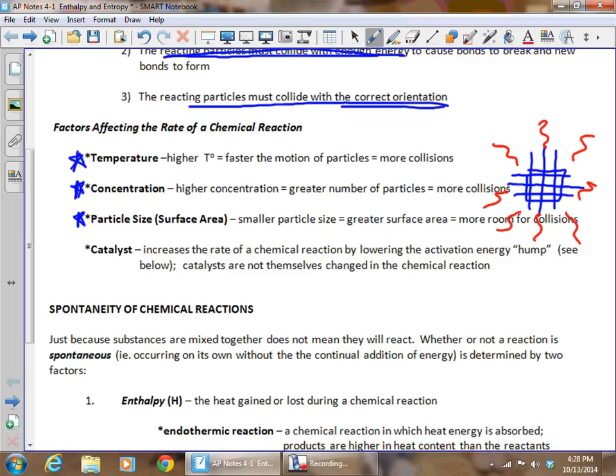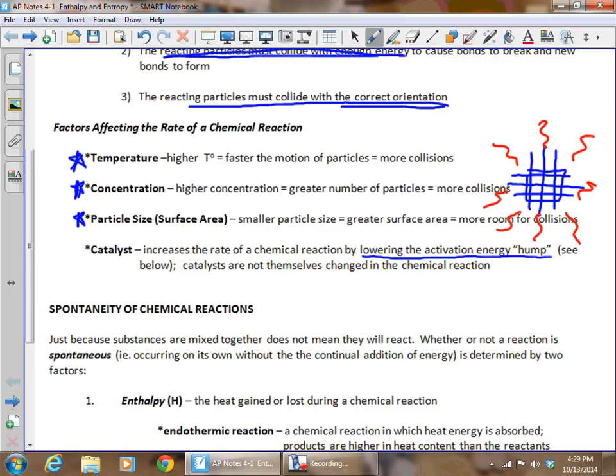Now, a catalyst increases the rate of a chemical reaction, and the way it does this, and we're going to see this in a diagram in a minute, but it lowers the activation energy hump, whenever we're talking about how much energy it takes for that reaction to occur. And because it lowers the amount of energy we need to get the reaction started, it's going to increase the rate of the reaction.